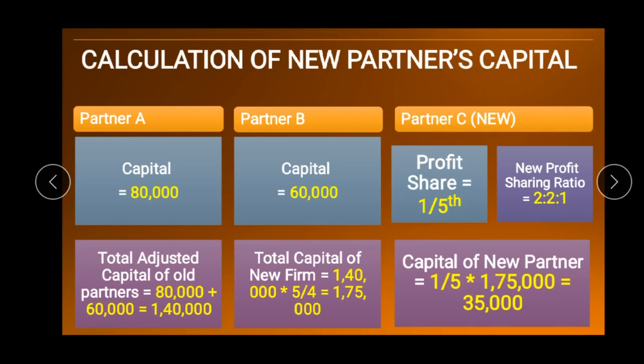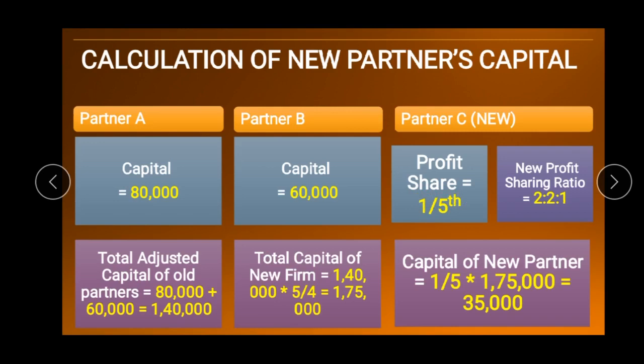Suppose there are two partners, partner A and partner B, and they have contributed rupees 80,000 and rupees 60,000 as capital in the business. They agree to admit C as a new partner, and C's profit share decided by them is 1/5.